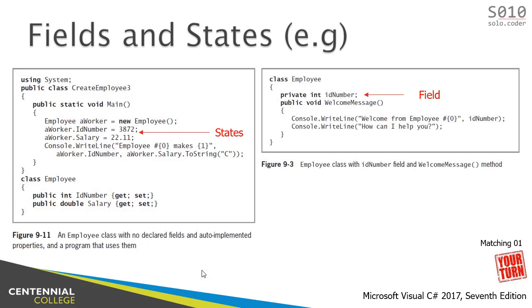If there's no modifier, it means that it is internal. So we have two options, either internal or public. Internal is more restricted than public. If there's no access modifier on a class, the default is internal.